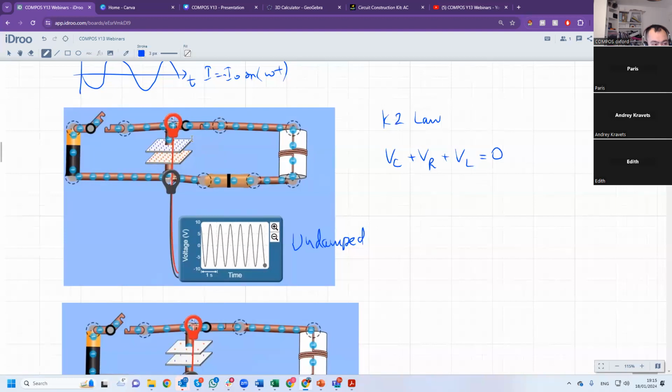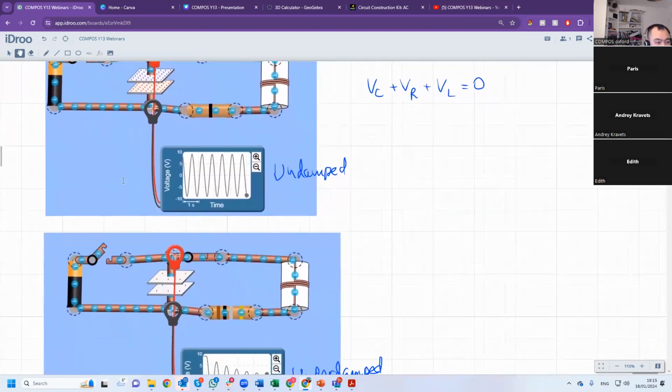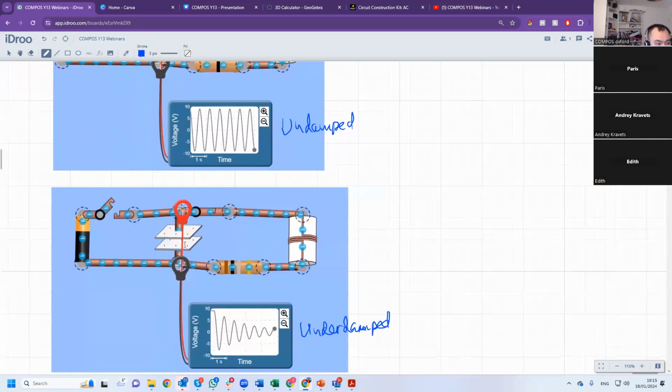Now you just need to figure out which way is what. So let's say at this particular moment, the capacitor is charged positively, and the current is flowing that way. The inductor will produce a counter force, so positive and negative.